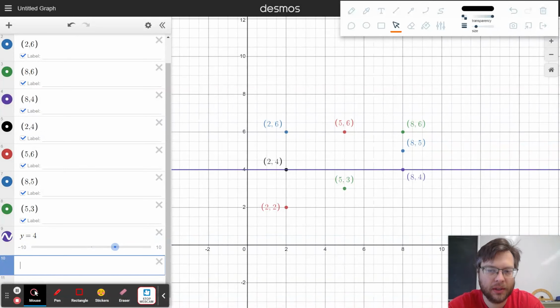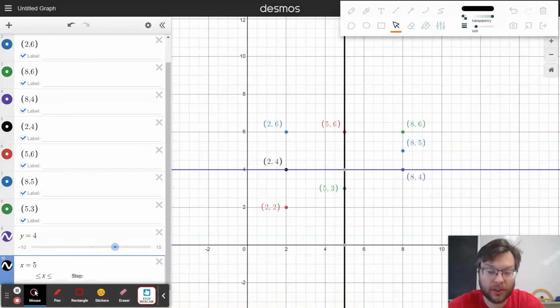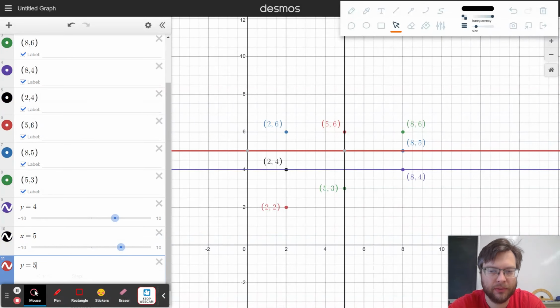Along the top, I want to say x equals 5 because every point along that vertical line has an x value of 5. Along the right side, I want to say y equals 5 because every point along that horizontal line has a y value of 5.